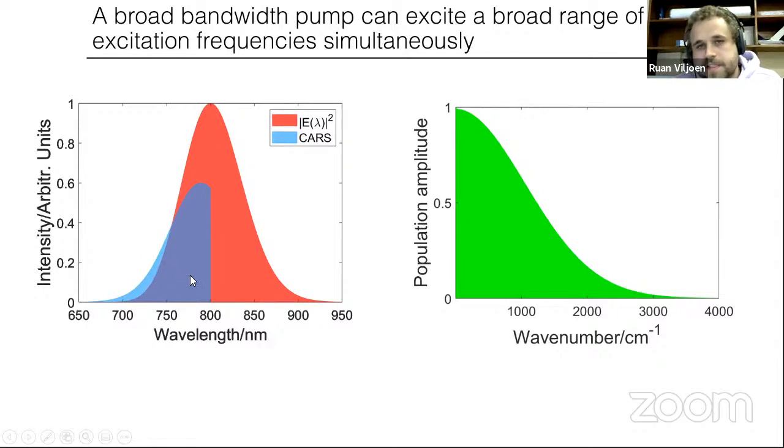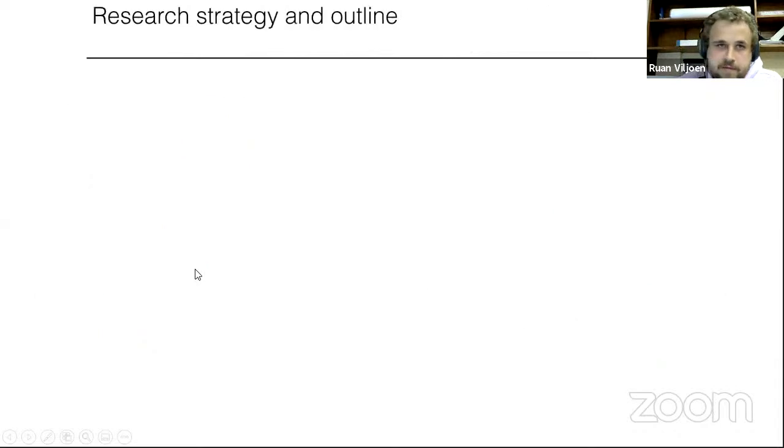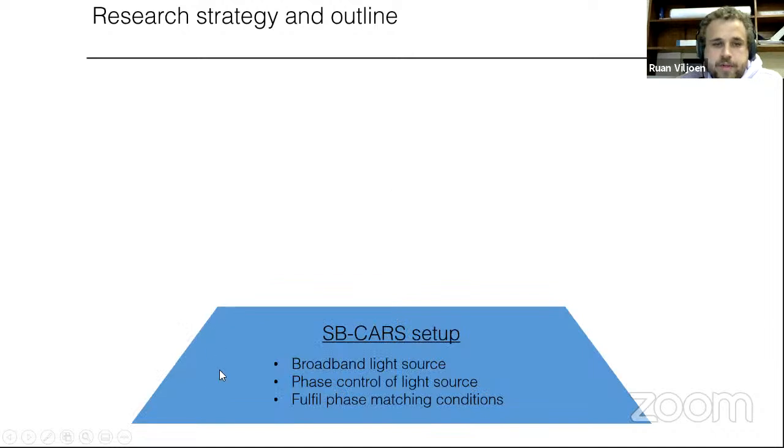So with this in mind, we have a research strategy, which will also be my outline for this talk, as building the foundation of the single beam CARS setup. Starting there, this setup needs to have a broadband light source. It needs to have phase control of the light source. This will be important to get rid of that broad response that we saw in the previous slide. And it also needs to be able to fulfill phase matching conditions.